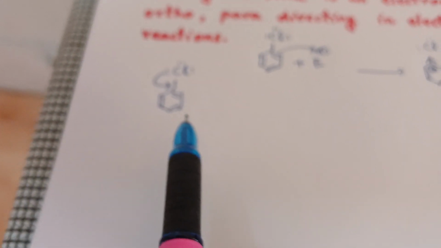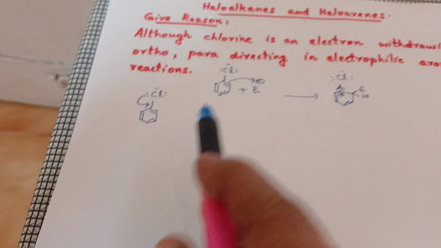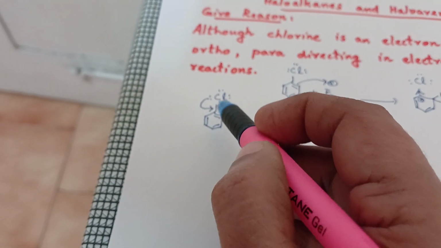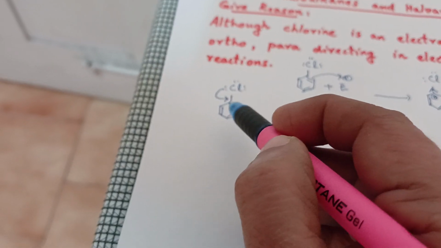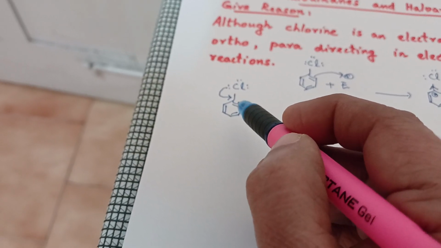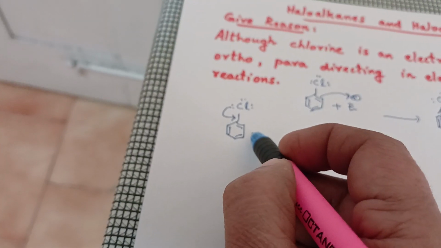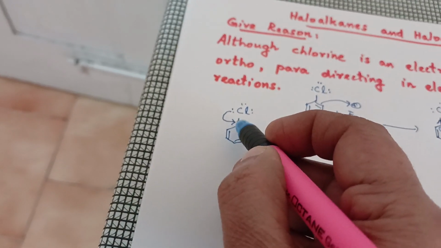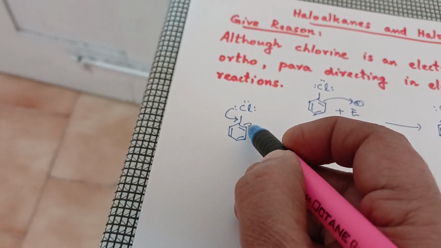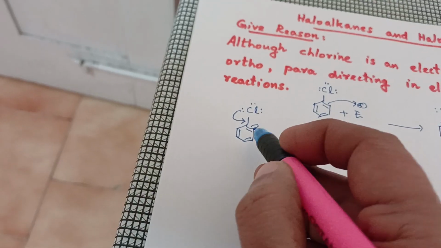So chlorine is donating electrons, and as a result there is the nature of a double bond here. These electrons are coming here, and there's a continuation of the electron cloud, because benzene, as you know, is an electron rich system. And what happens here? When these electrons come in here, these electrons move to this position.